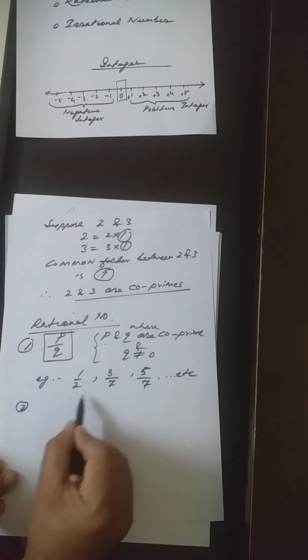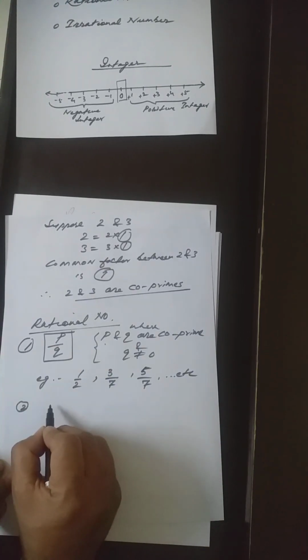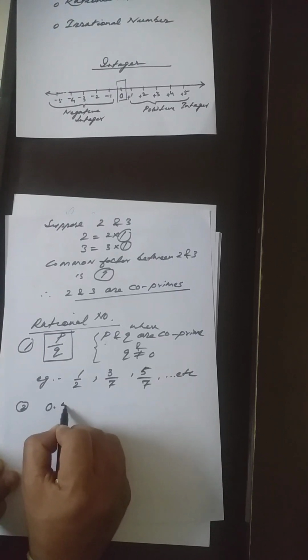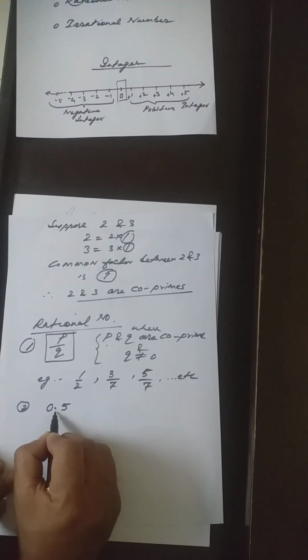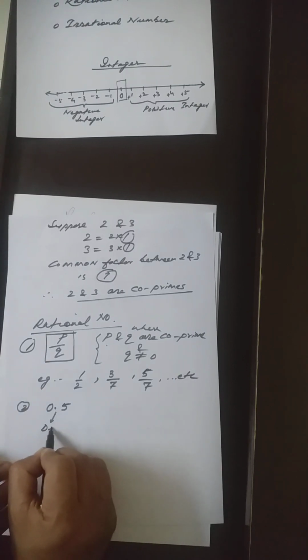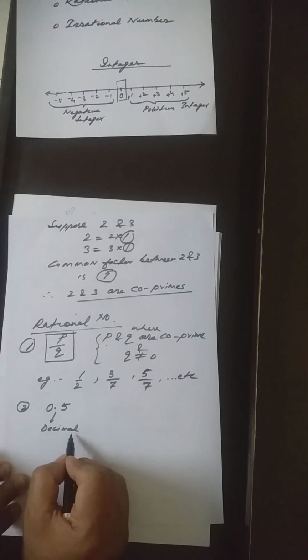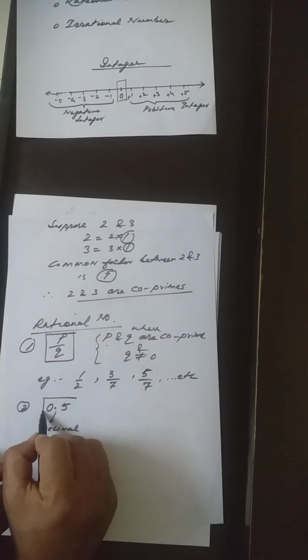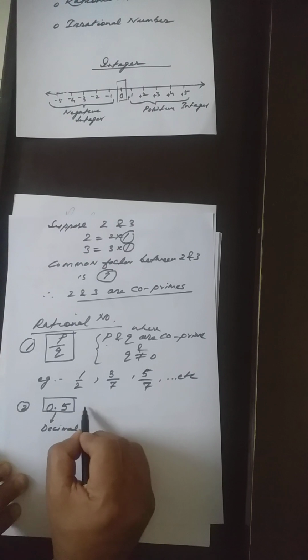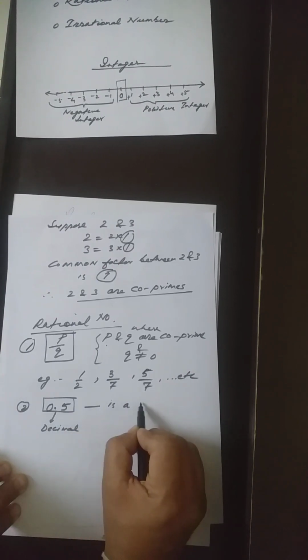Suppose this rational number is written in the form of decimals. Say if we have a decimal 0.5, this point between 0 and 5, this is called decimal, and it is because of this decimal that the whole number written as 0.5 is called a decimal number.